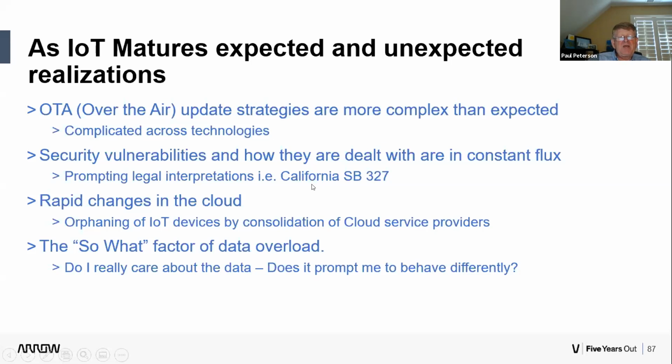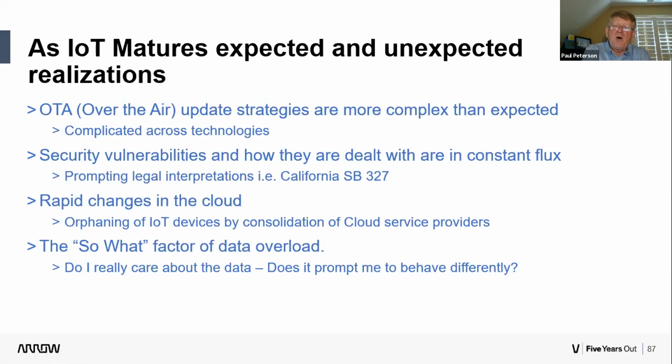What's interesting about it is this has actually maybe caused more confusion as to, am I compliant with these new bills, or am I one step away from another government entity implementing an interpretation that I am not prepared for? And will I have to do an over-the-air update to be compliant? So these are things that, as IoT, we have to take a look at.